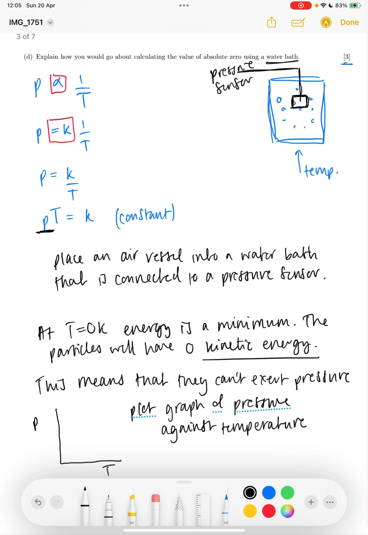I can use my pressure sensor to measure what my pressure values are, and I can reduce the temperature, or I can increase the temperature, which is a lot easier to do experimentally. And then I can extrapolate this backwards, right? Once I have extrapolated backwards, I'm actually not going to get a graph that looks like this. It's going to look more like something like this.